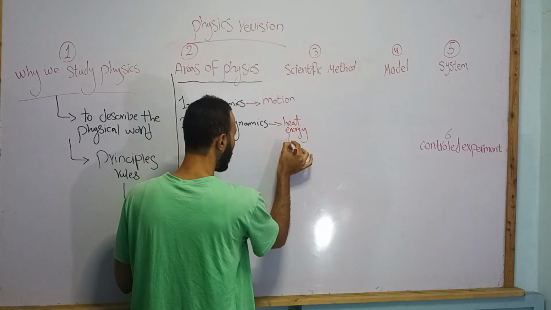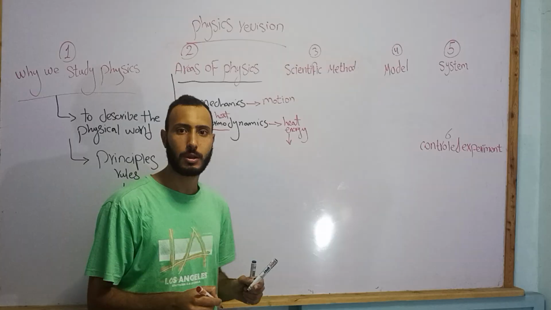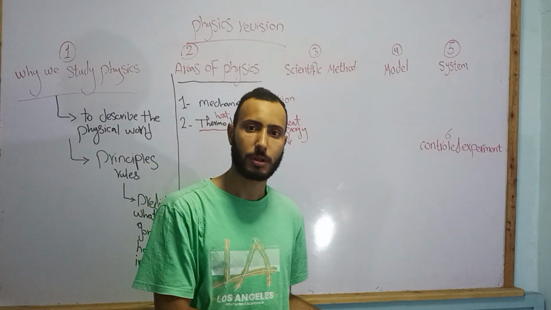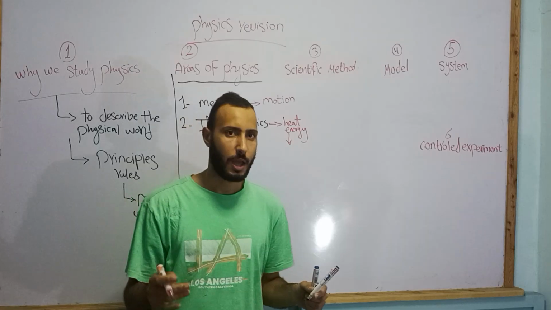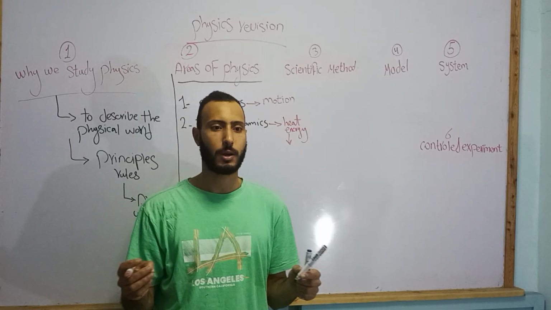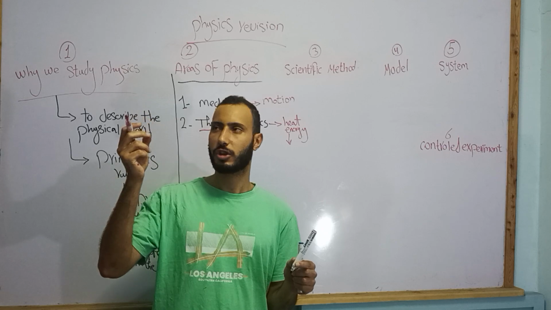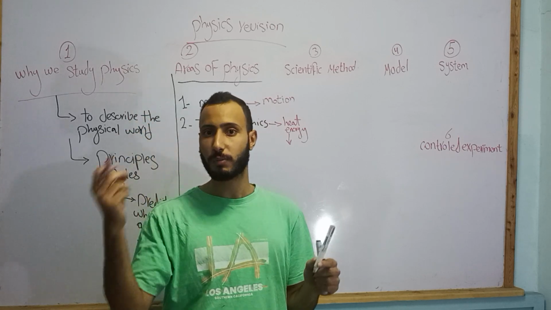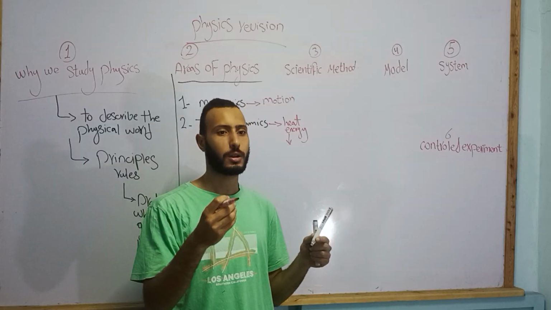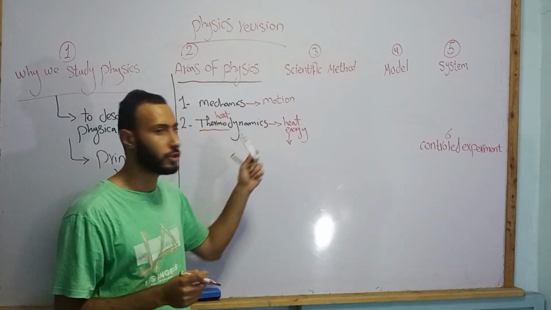And you know that we measure the heat energy in any object by its temperature. If you like to get an indicator about the thermal energy in you, you're gonna use the thermometer to measure your temperature, which is an indicator of your heat energy.